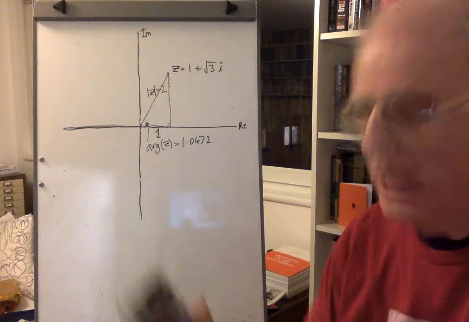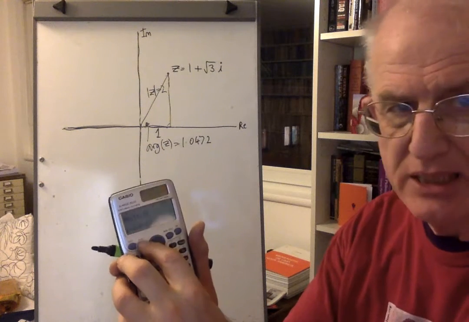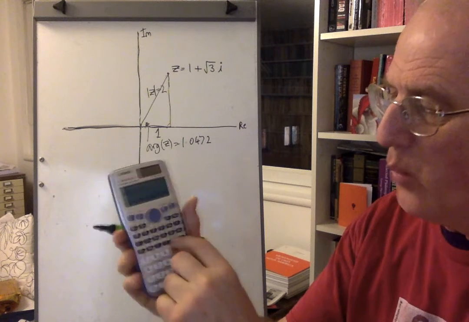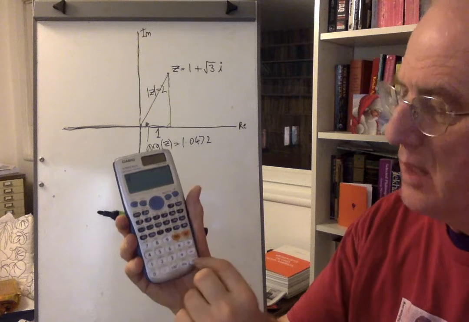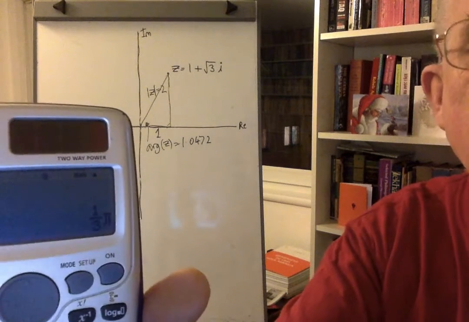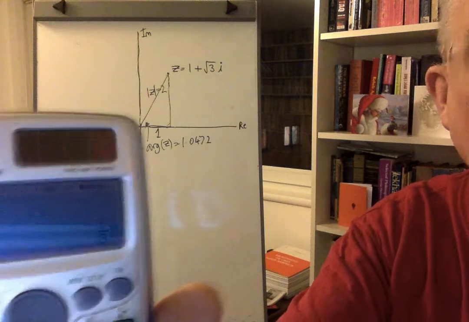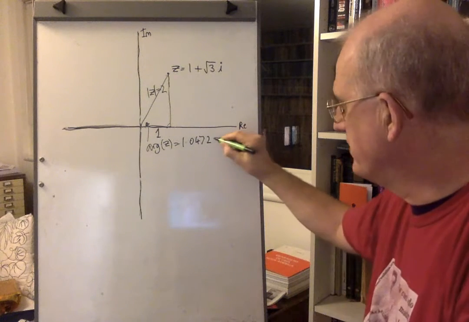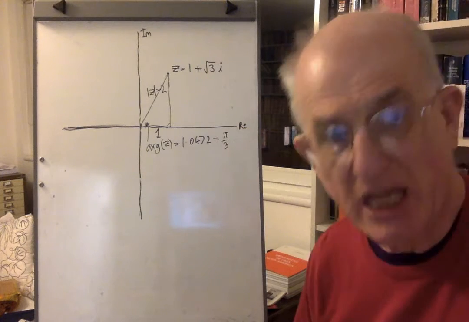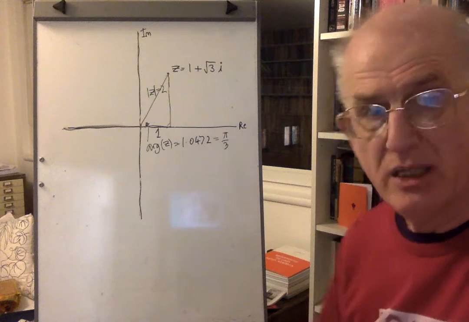And you can find that out by now pressing alpha and y and press equals. And what does it do? It tells you that your angle, your argument of z, is pi over 3, which is a neater, more exact way of writing it than as a decimal.